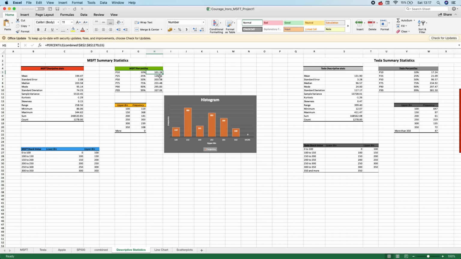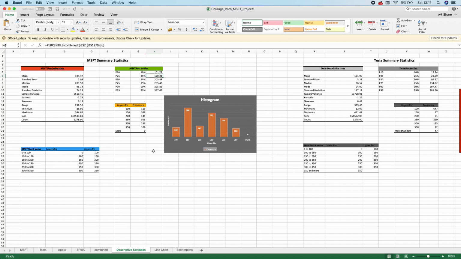Basically, it's just giving a summary of what's going on in the data set, so you don't have to always go through the full data set to understand what's going on. This gives you a glance or a picture of what is actually going on in the data set. So from this alone, you can already say that Microsoft indeed has very high stock values.